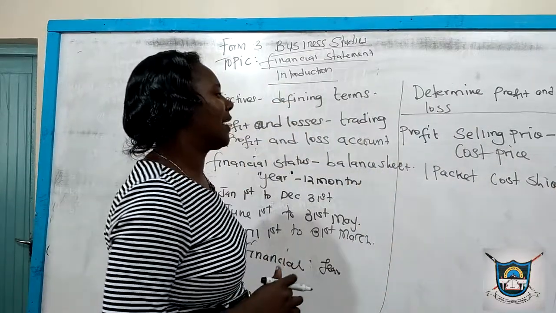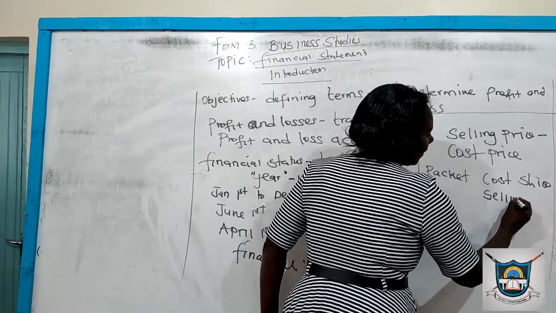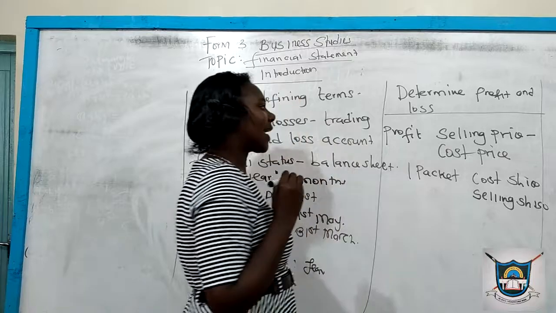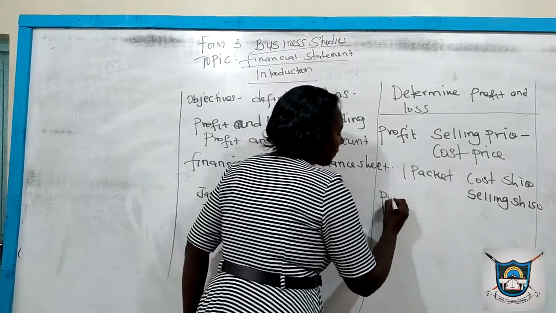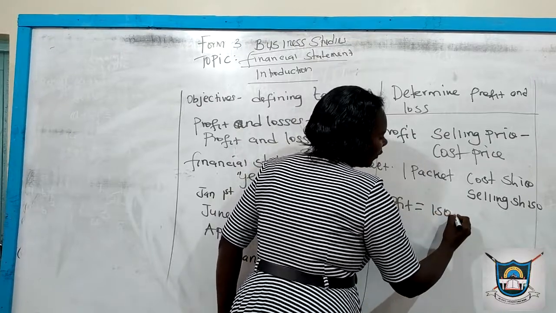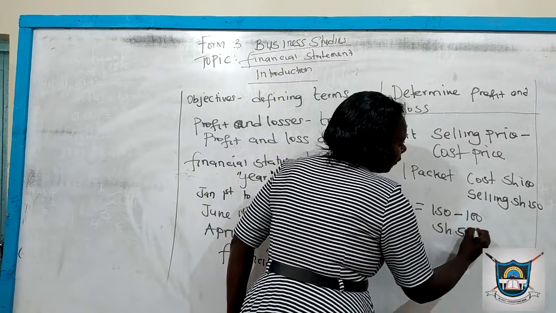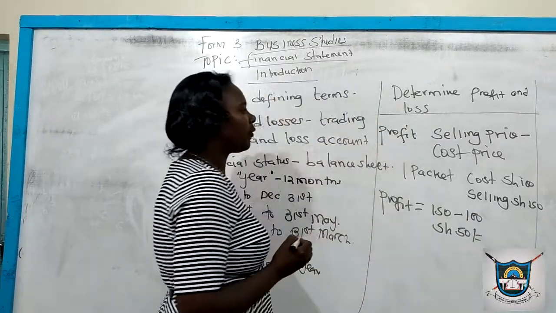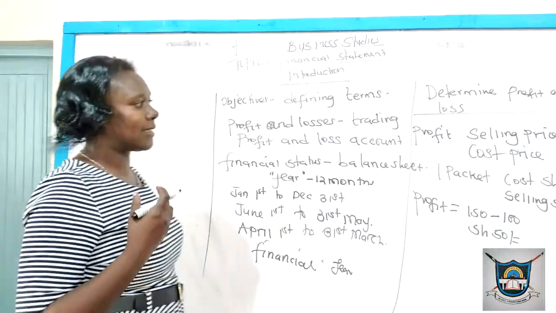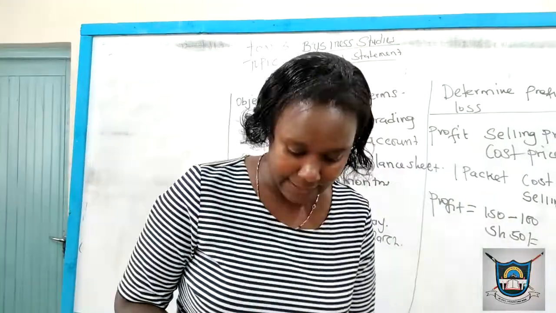Then they sell the same packet, the selling price, at 150 shillings. In this case, the profit is going to be 150 minus 100, so the profit will be 50 shillings. So profit, we get it by subtracting the cost price from the selling price.